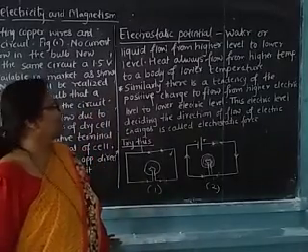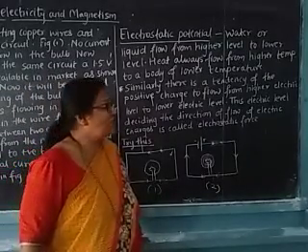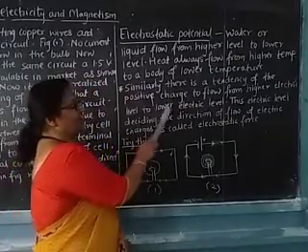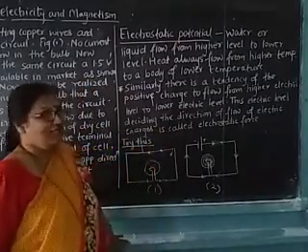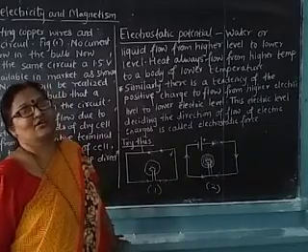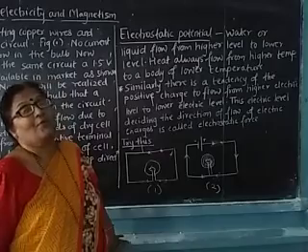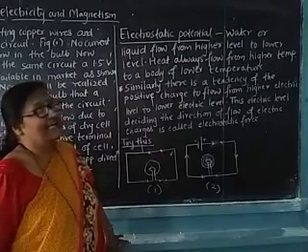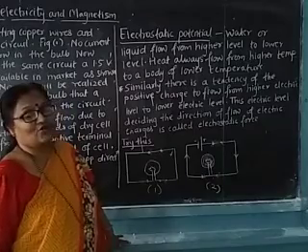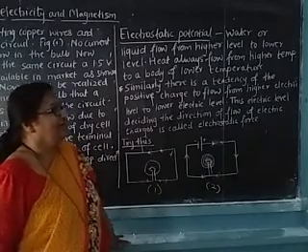Similarly, there is a tendency of a positive charge to flow from a higher electric level to a lower electric level. That means this is a tendency of the positive charge: the positive charge itself flows from higher electric level to lower electric level.